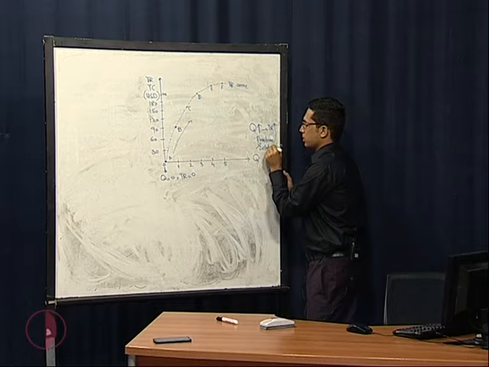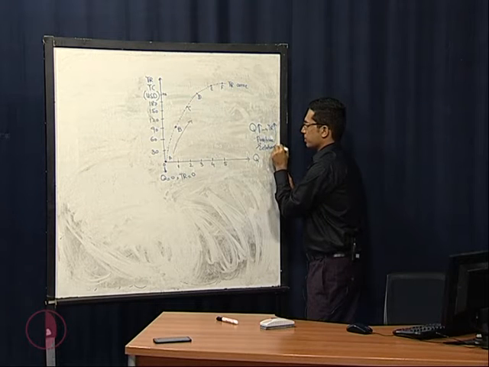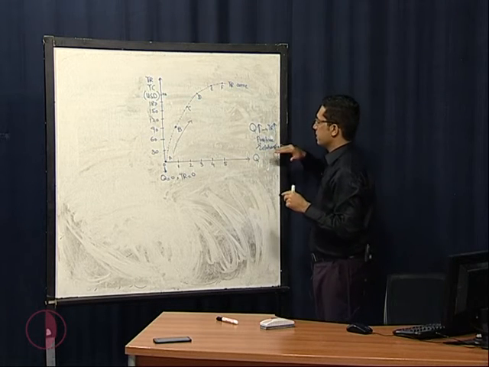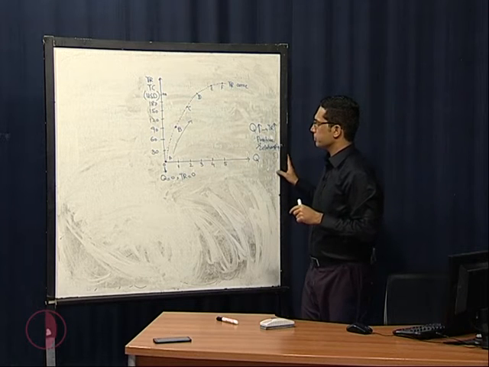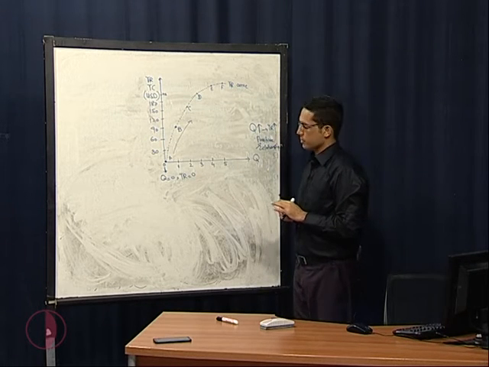Positive relationships are direct. It means if one increases, the second one also increases. This was the total revenue curve.